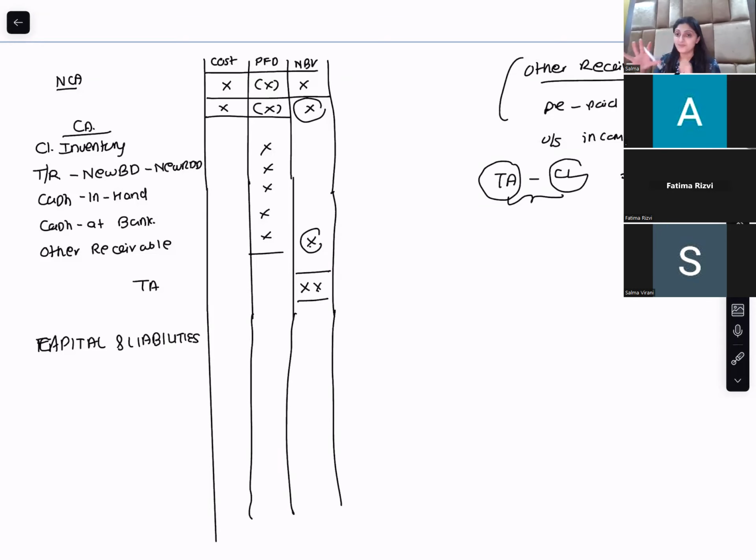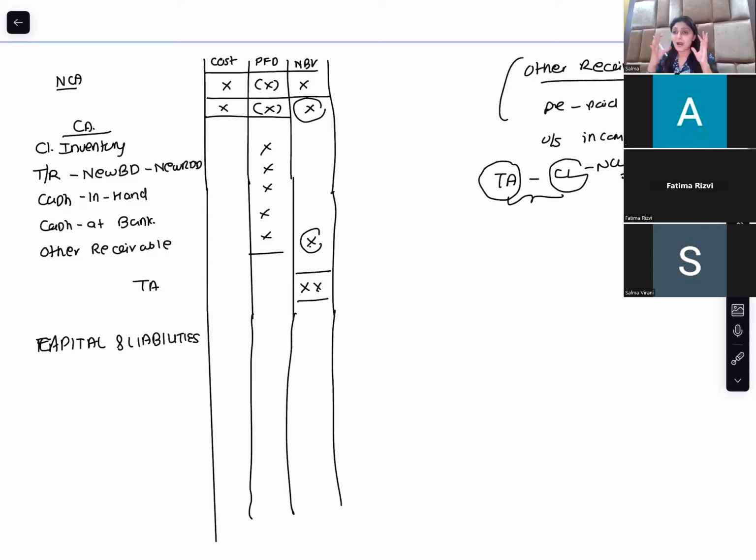That means from your total assets, once you subtract all the liabilities, what is left is the money that belongs to the owners. So when you subtract all your liabilities from your total assets, what you get in your hand is called your net assets, and net assets is capital.